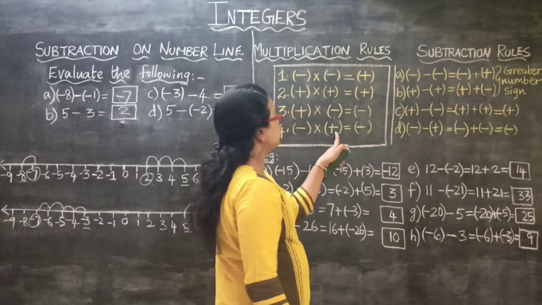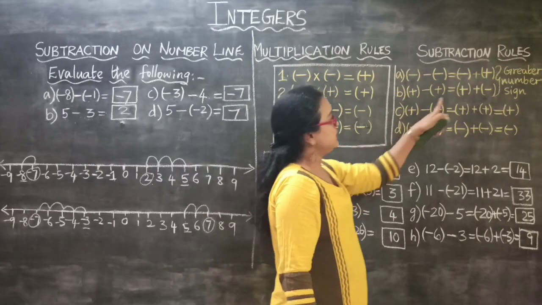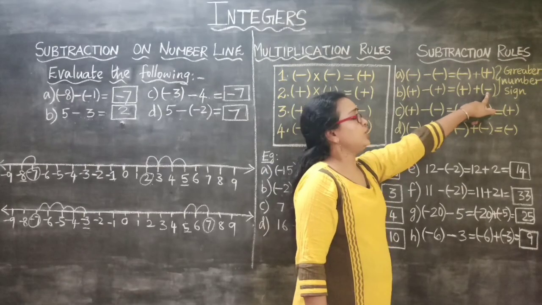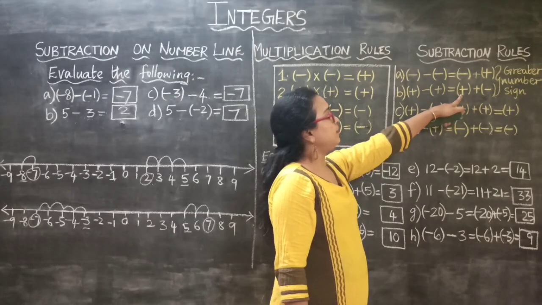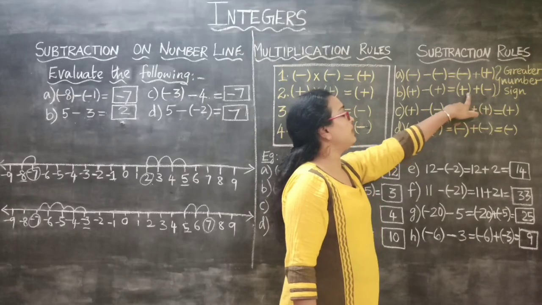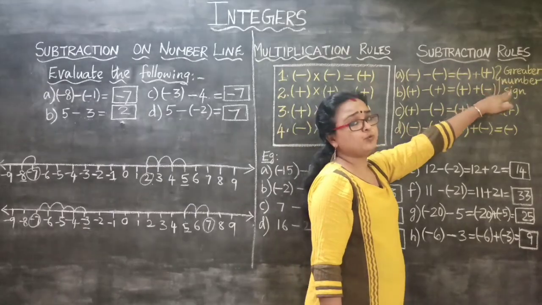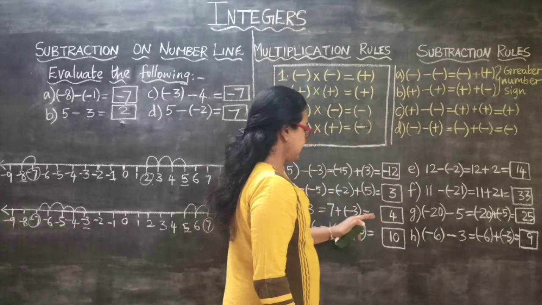Minus into plus is minus. So here my second integer will turn into a negative integer, and we specify it with the addition symbol. So plus and minus. We have to do the addition here, and we have to put the greater number's sign as the sign of the answer.